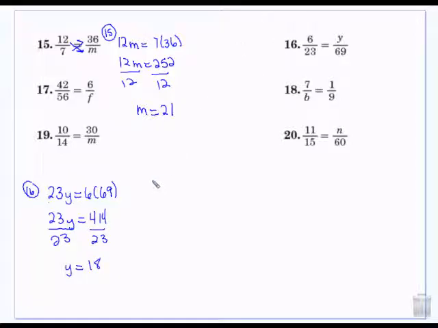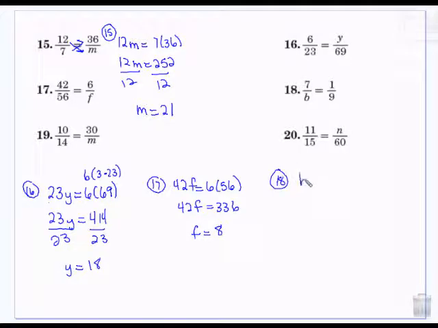Okay. 17, 42f is equal to 6 times 56, which is 336. 8, right? Okay. B times 1 is equal to 7 times 9, so B is 63.